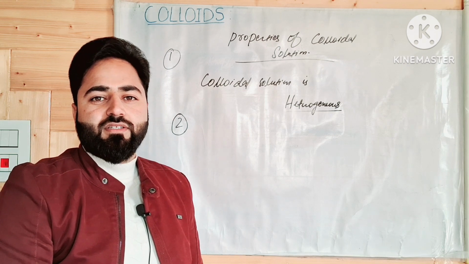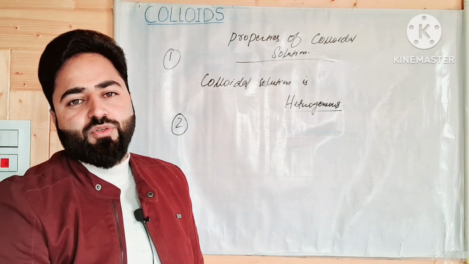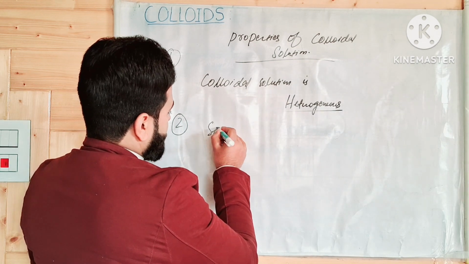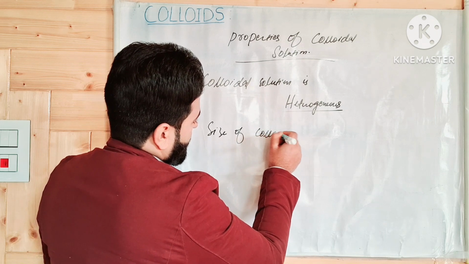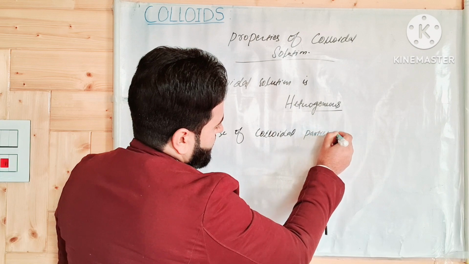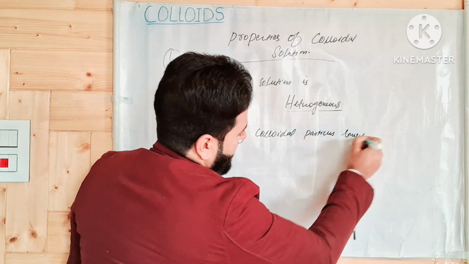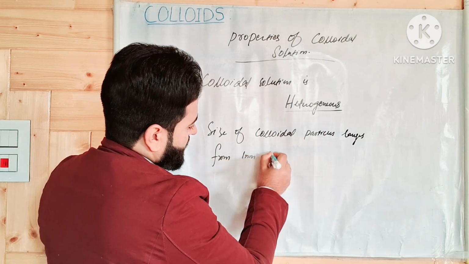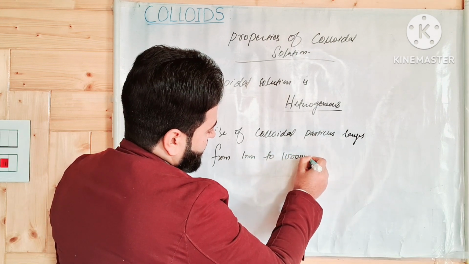That is, the size of solute particles of a colloidal solution ranges from 1 nanometer to 1000 nanometer.